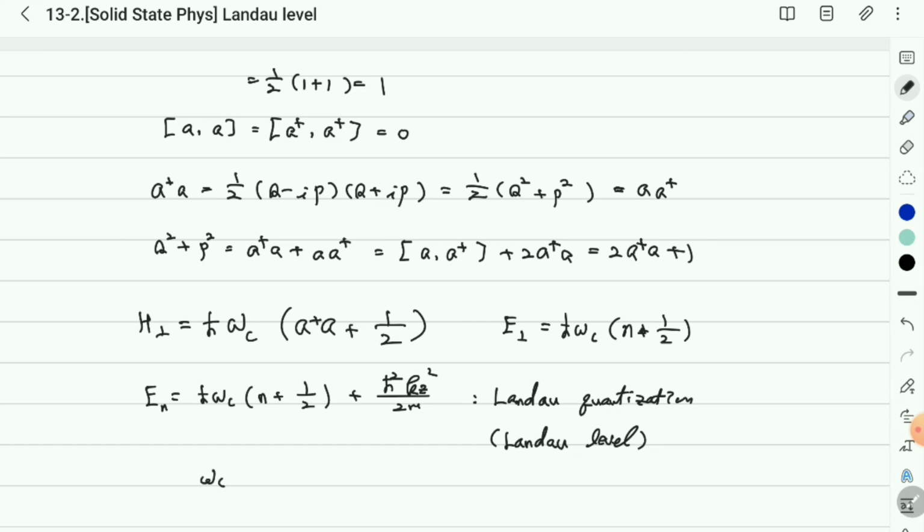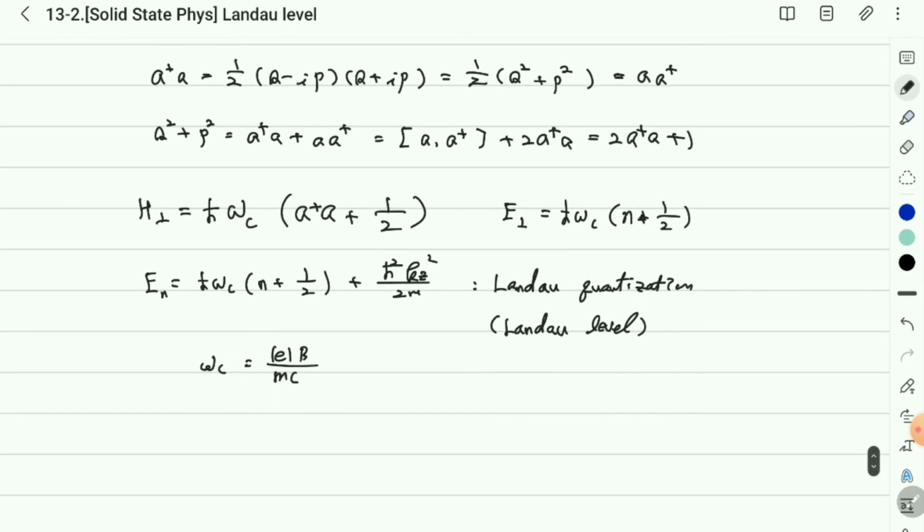Omega c is the cyclotron frequency, eB over mc. The physical meaning of this Landau level is very important. Here it is just the calculation of the Landau levels. In the next lecture, we will describe the physical importance and the physical interpretation of the Landau levels.